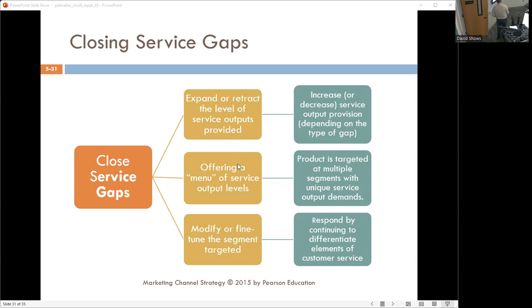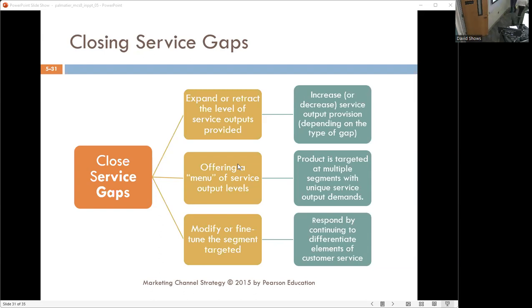Not only that, but there are certain things such as spatial convenience that consumers consider more valued than just simply the access to a store that has everything. And so the way you do that is you increase or decrease the service depending on the type of gap it was.